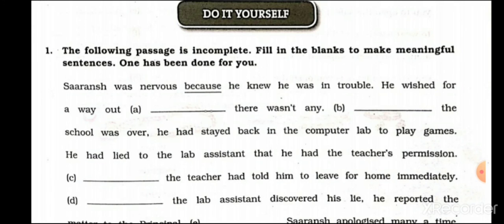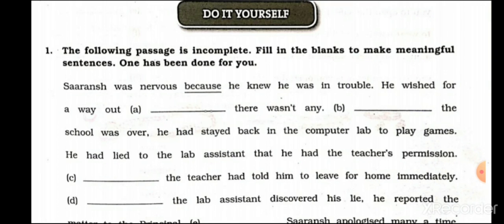For example, students, how can we write? Saransh was nervous because he knew he was in trouble. He wished for a way out, but there was not any. When the school was over, he had stayed back in the computer lab to play games. He had lied to the lab assistant that he had the teacher's permission.